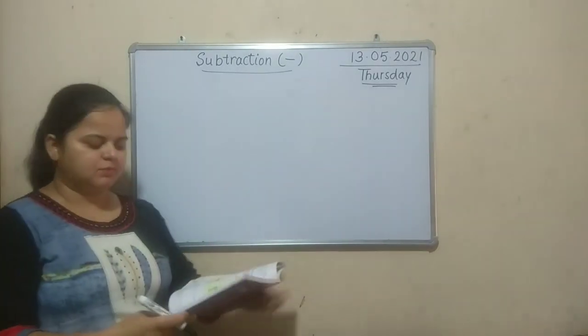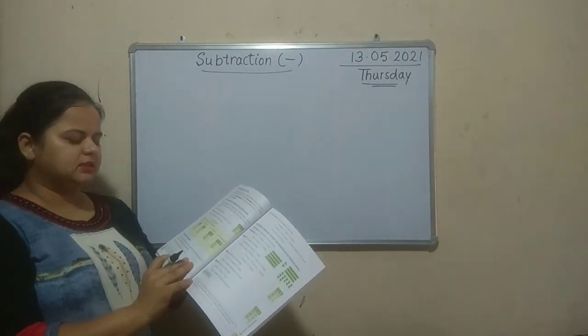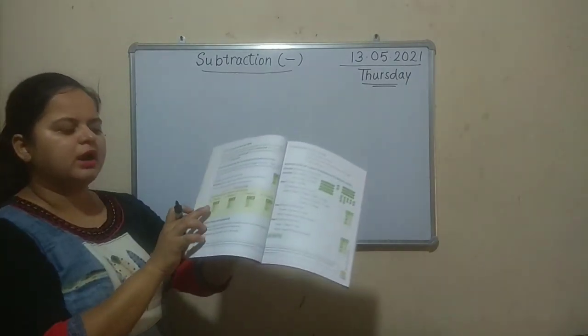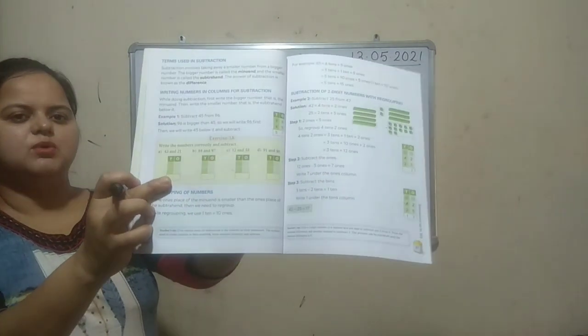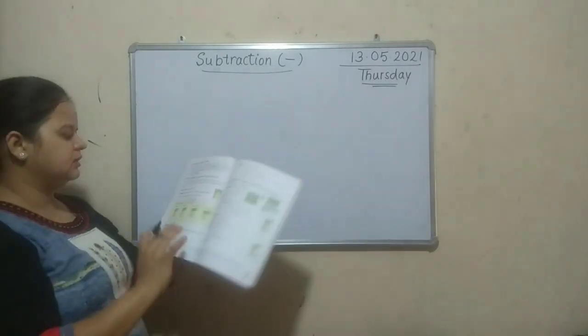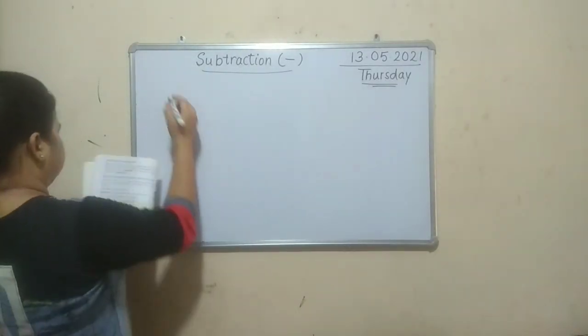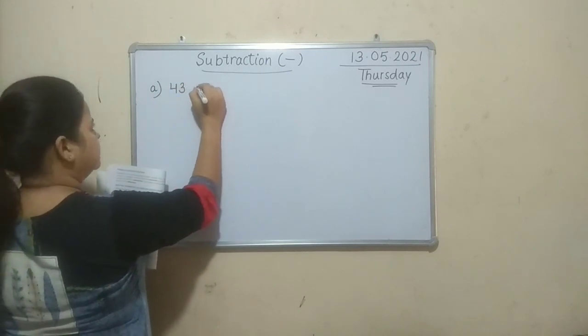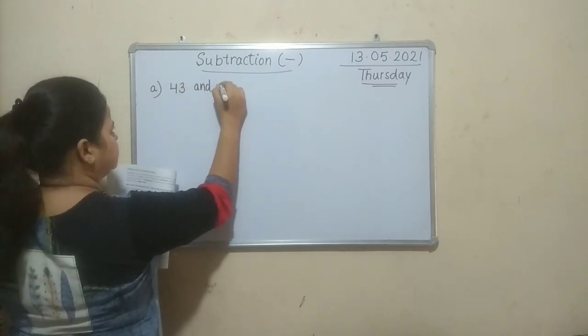Done. You have all opened the books to page number 30. Ma'am will do the same sums on the board and you have to do them here in the book. So the first sum is 43 and 21.